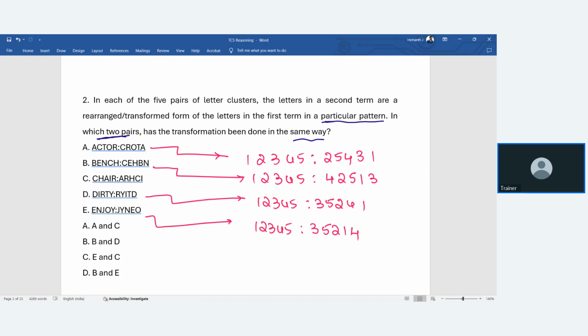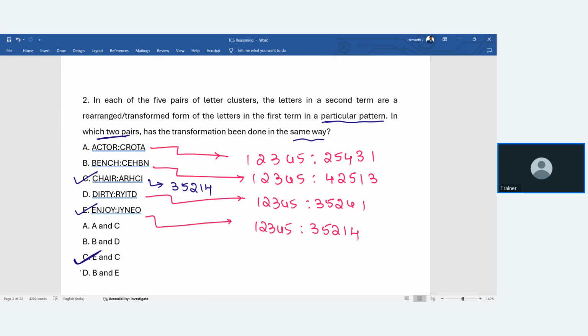Now chair is going to decide the answer. Left side 1, 2, 3, 4, 5. This is 3, R is 5, H is 2, C is 1, I is 4. So C and E are doing the same job. So option C is correct. C and D have the same logic. The same letters are there on the left side and right side.